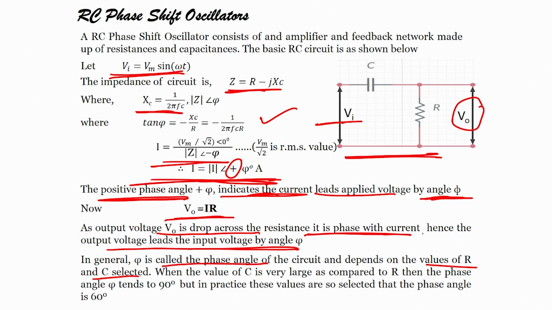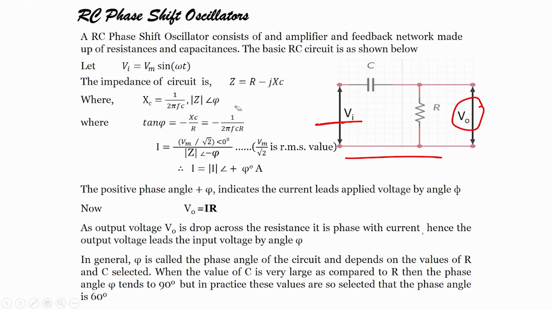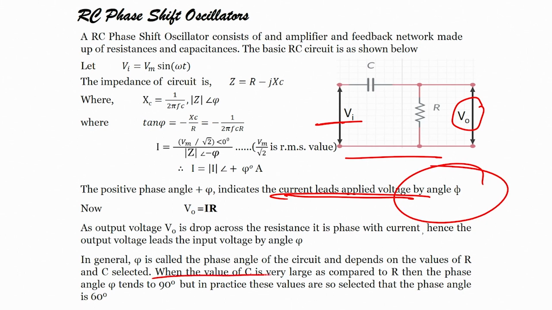So, what we understand from this whole slide is that since the current is leading the applied voltage by an angle phi, when the C is very large as compared to R, the phase angle tends to be 90 degrees.